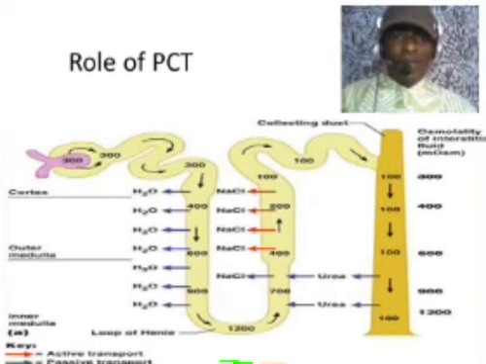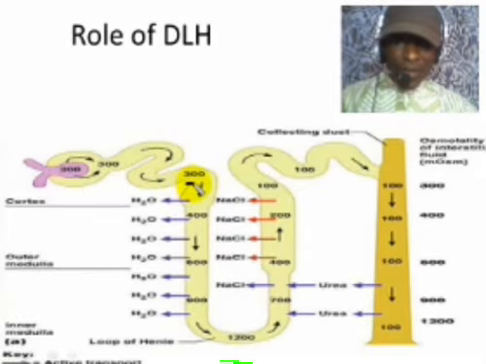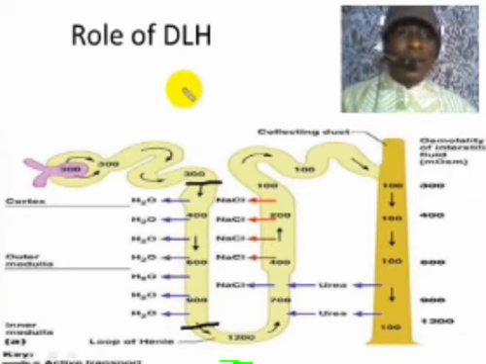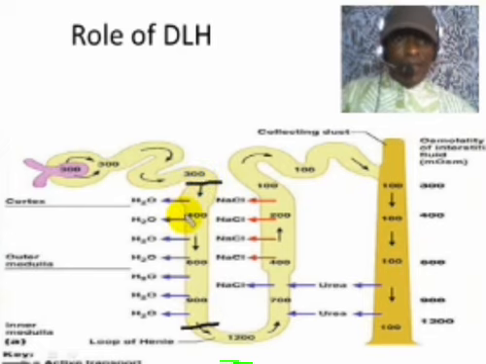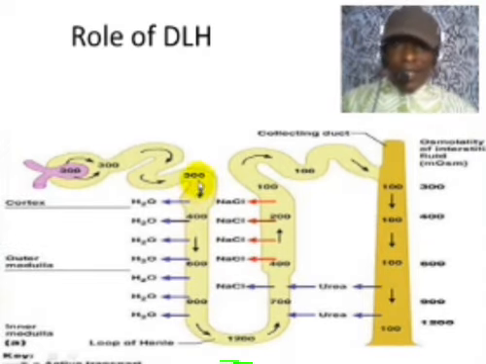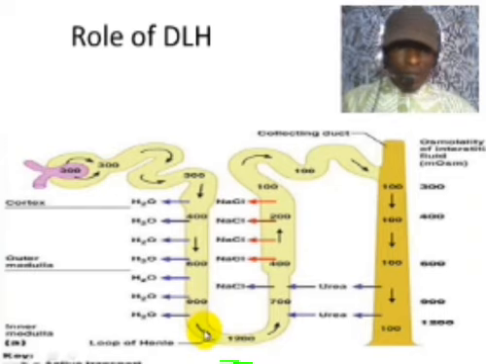Alright, going forward. This part of the nephron represents the descending loop of Henle. In the descending loop of Henle, there is a gradual and progressive increase in the osmolarity of the glomerular filtrate.